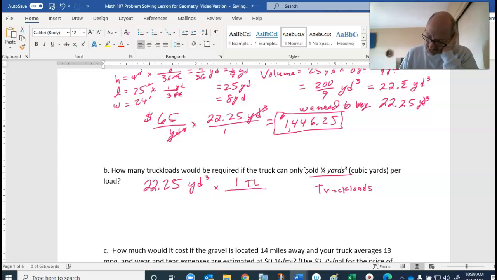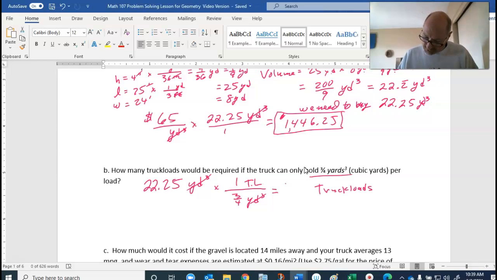So 1 truckload, I'll abbreviate it TR, is equal to 3/4 of a cubic yard. And so you can see the units will reduce, cubic yards and cubic yards. And so we get 22.25 divided by 3/4. I'm going to do that on my calculator: 22.25 divided by 0.75.